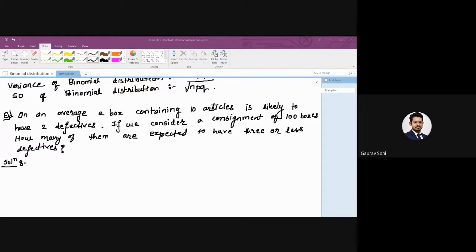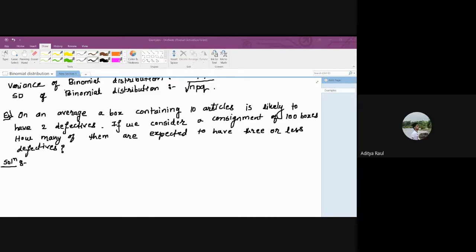Aditya, what we are going to do is find the probability of success. What is the success here? We need the probability of the defective. As we need the probability of defective, we will consider the defective as my success, right?